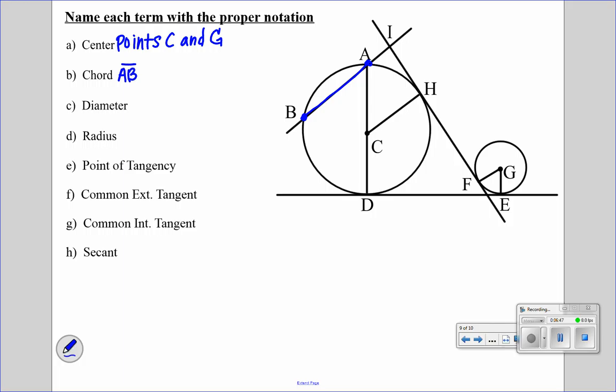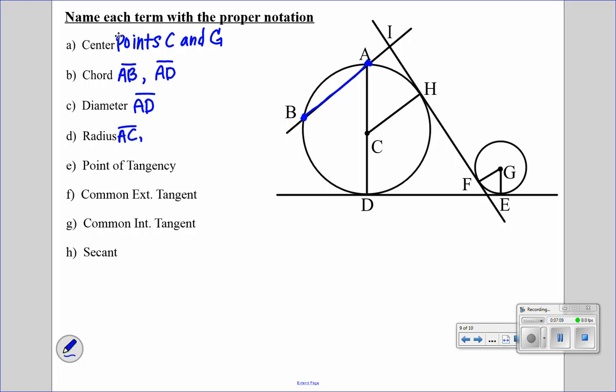We also have chord line segment AD, because remember, a diameter can also be a chord. And of course, our diameter is AD, because it's a diameter and a special type of chord. For our radius, we can use all pieces that start in the center and go out to the edge of the circle. So we have 5 of these.